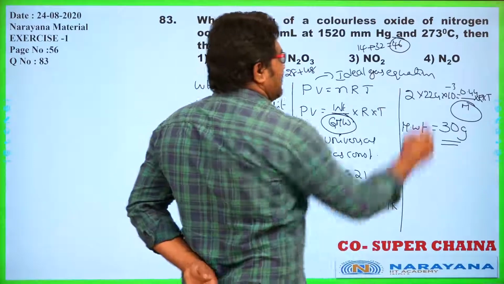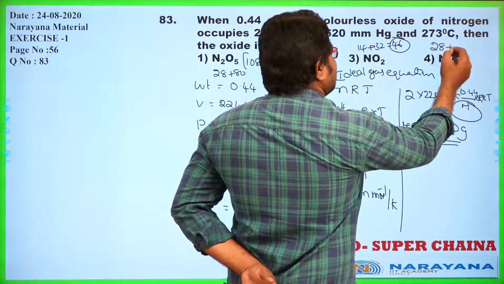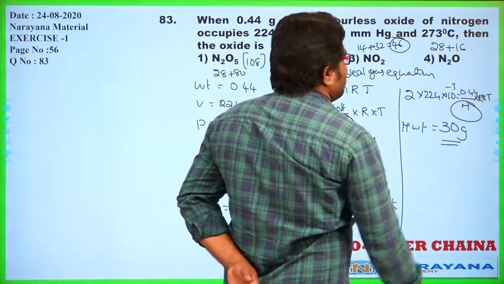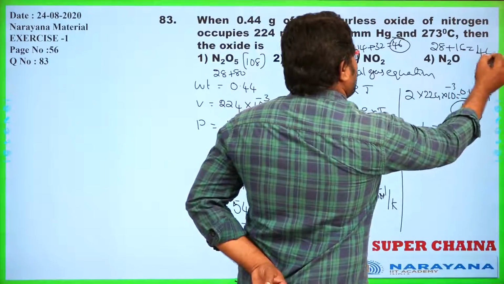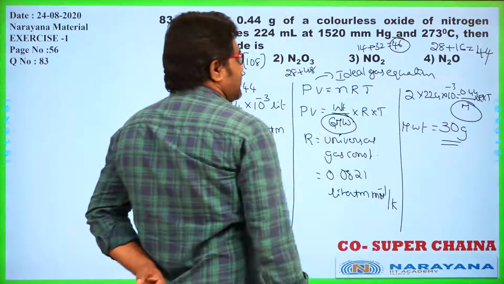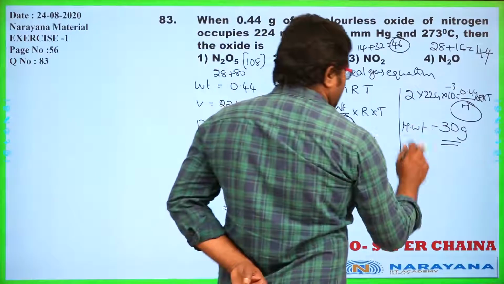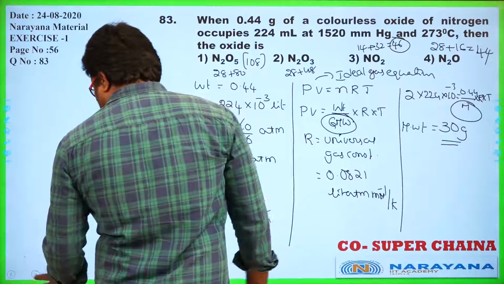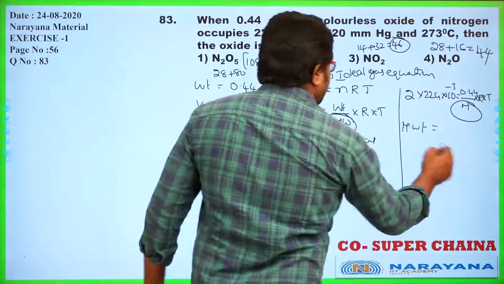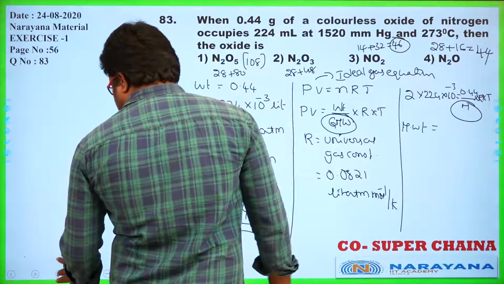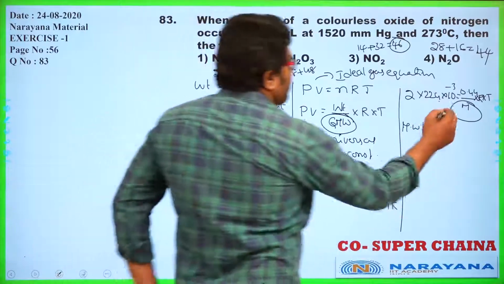What is the molecular weight of N2O? 28 plus 16, that is equal to 44. Sorry, there was a small mistake here, by calculating this I get 44.